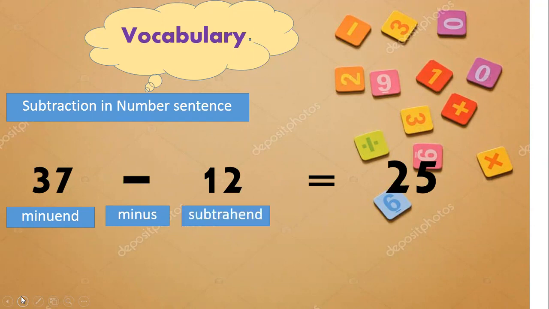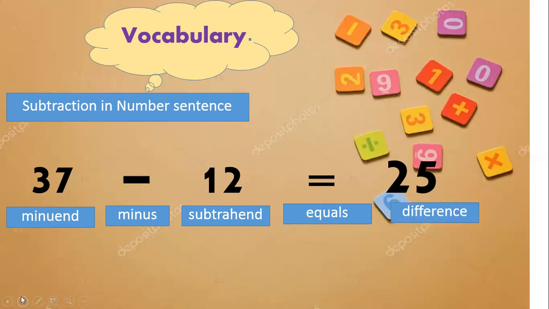Next is our subtrahend, represented by the number 12 in its position or in its place. We call that our subtrahend. Next word is equals, represented by the equal sign.